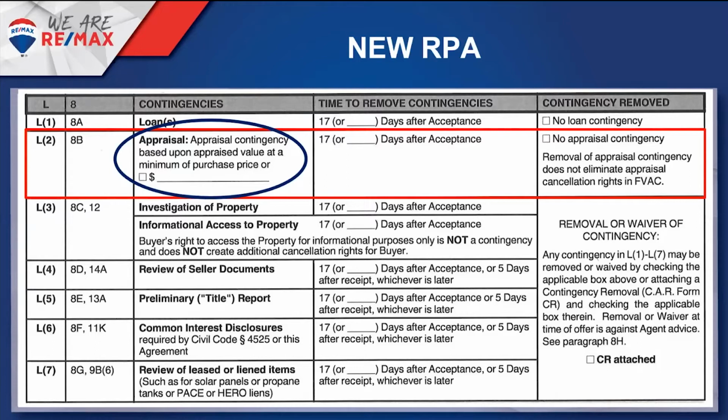So you can limit or adjust the appraisal contingency by checking this box and putting a lower amount in this box for situations where the buyer is willing to pay over appraisal, but wants a minimum appraisal before they're willing to do that. Hope that makes sense to everyone.